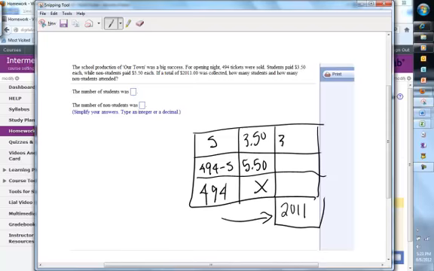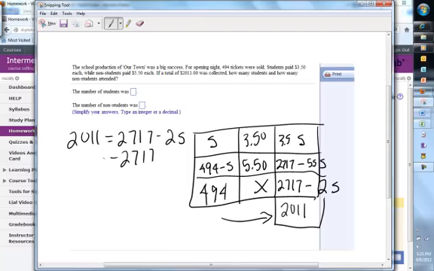So this is 3.5 students. 494 times 5.5 is 2717 minus 5.5 students. And you add those two together, you get 2717 minus 2 students. So 2011 equals 2717 minus 2 students.